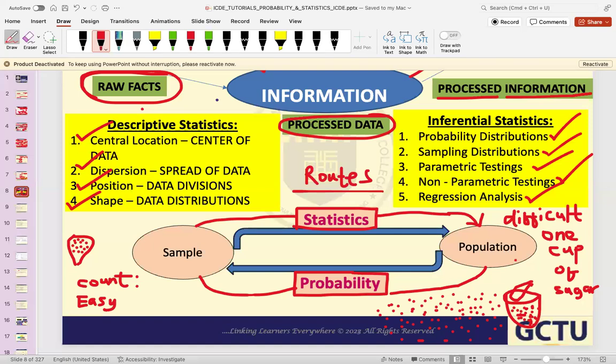So because we cannot count a population, we always use a sample to talk about a population. So this same sugar that is on your thumb that you pressed on the surface of the sugar, probably when I say count, you counted about 100 pieces.